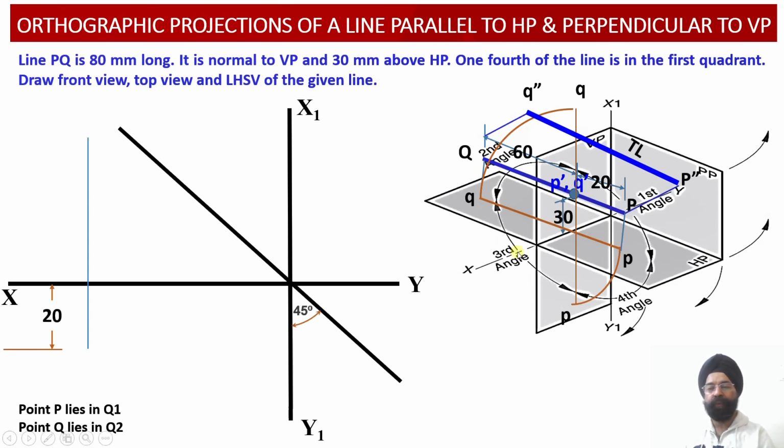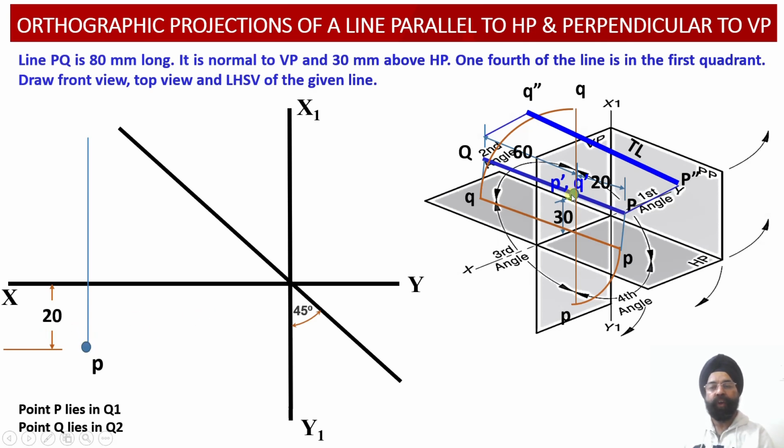So this portion of the horizontal plane has to be rotated downwards. So this point P will be located 20 millimeter below the XY reference line. So we have taken a distance of 20 millimeter below the XY reference line so that we can draw the true length projections of the line in the top view projections over here.